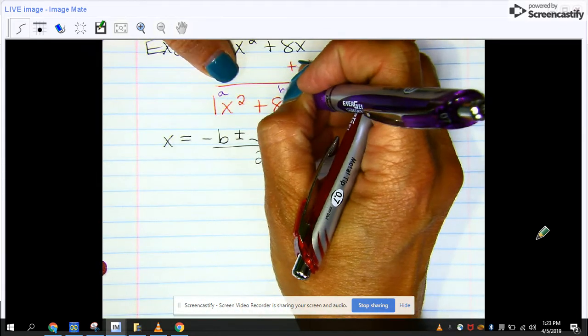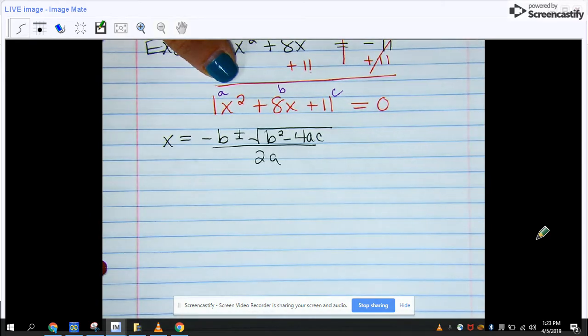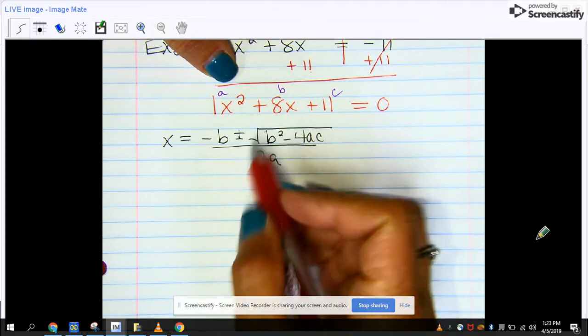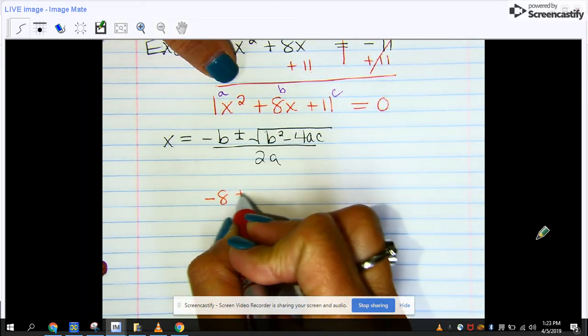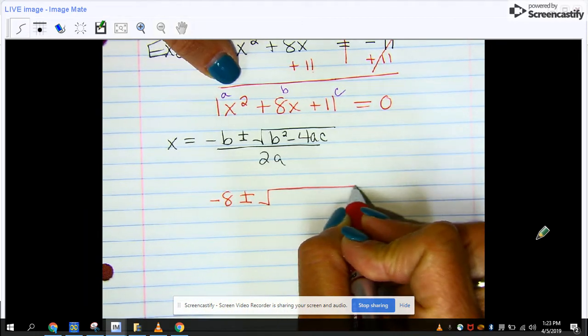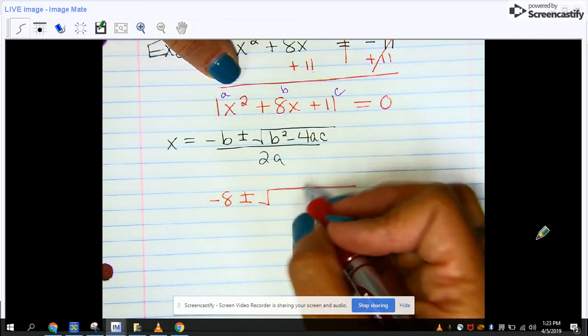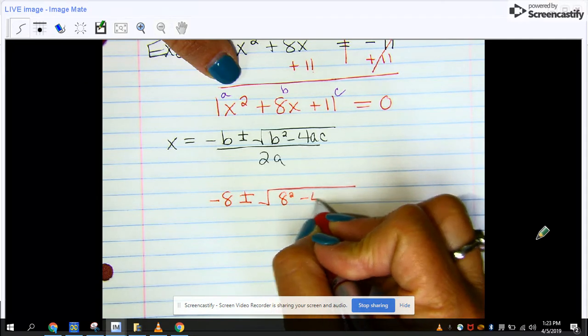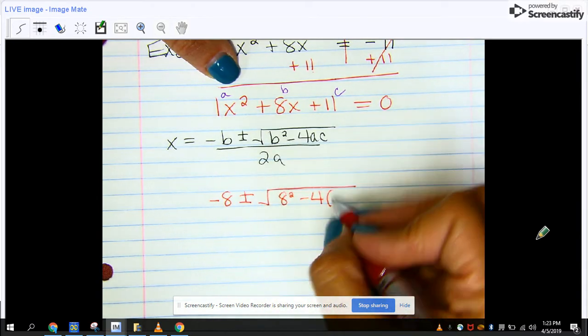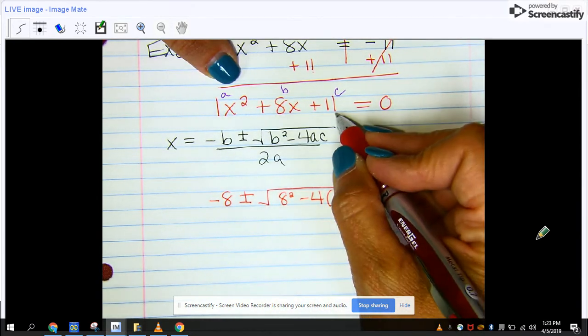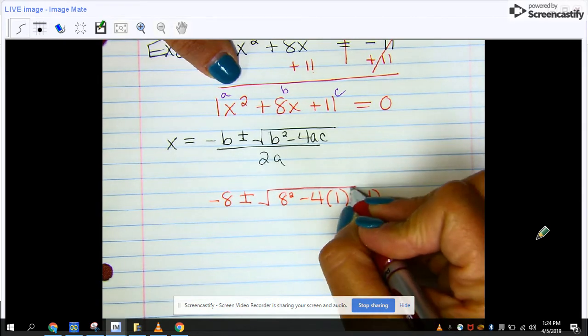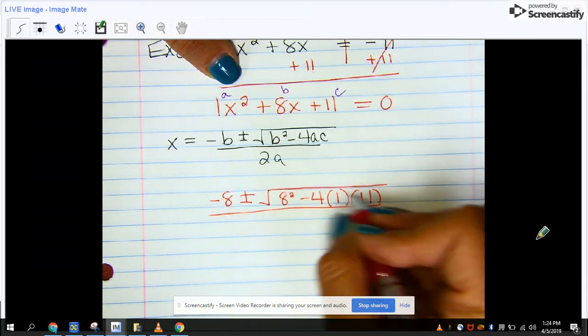The opposite of b, which is negative 8, plus or minus b squared, so 8 squared, minus 4 times a, which is 1, times c, which is 11, all over 2 times a, which is 1.